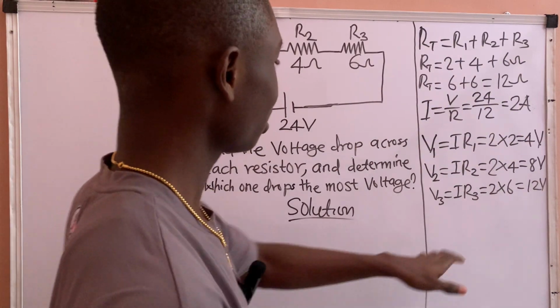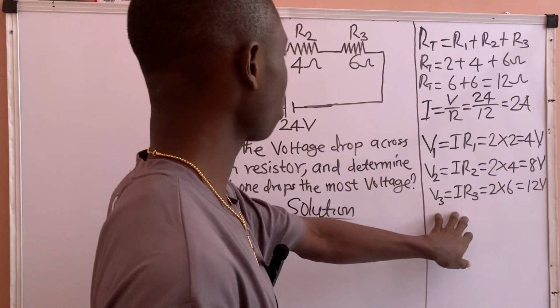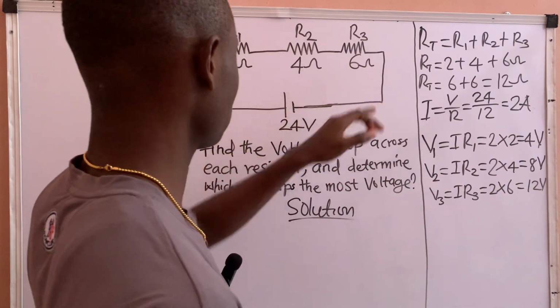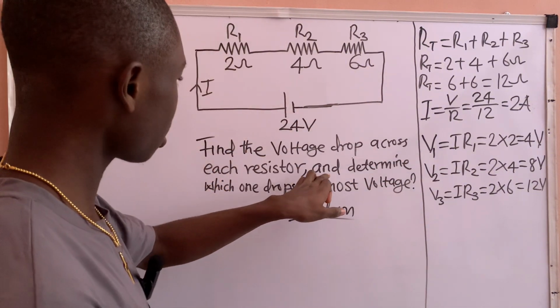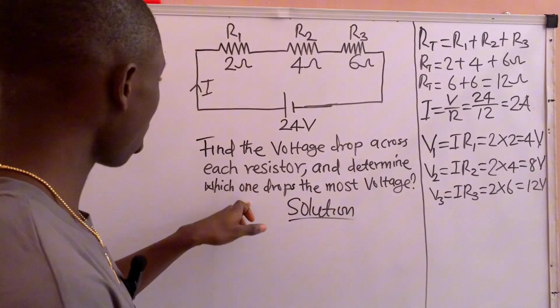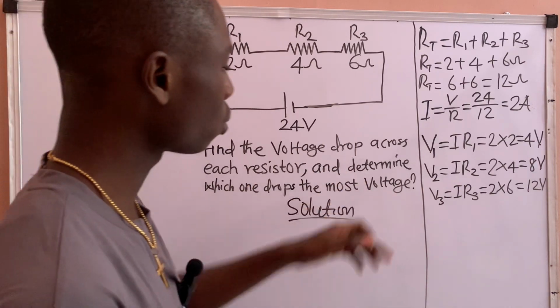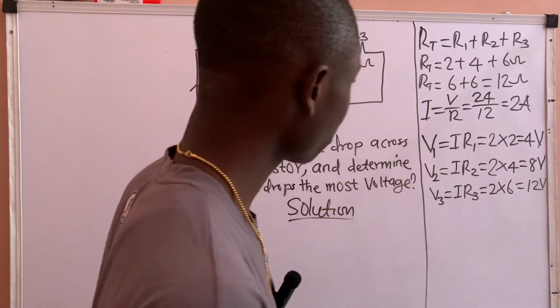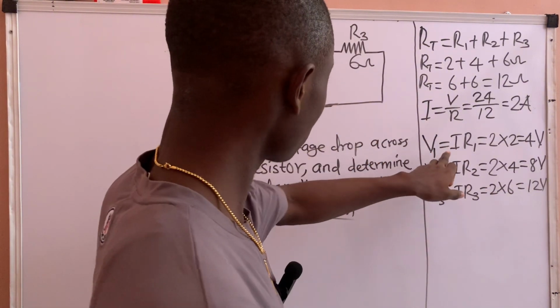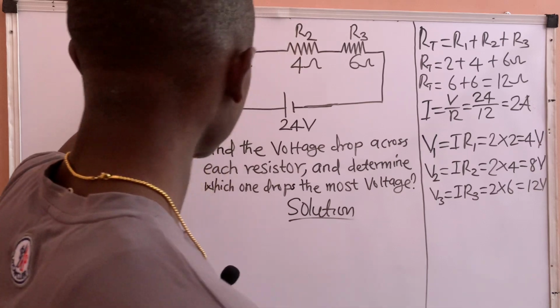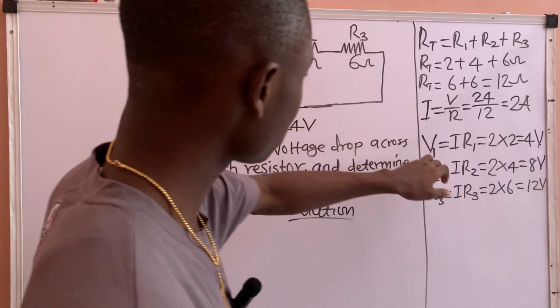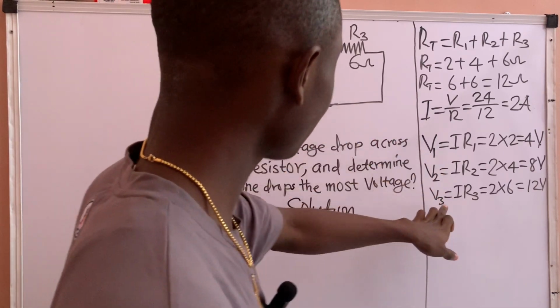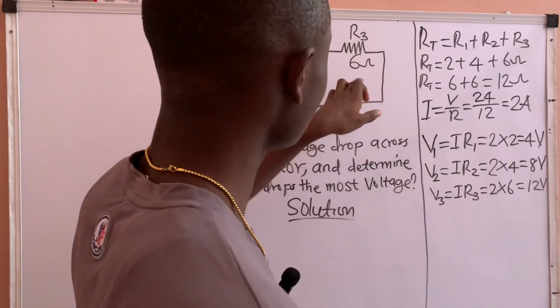So here are the voltage drops across each resistor. We are also asked to determine which one drops the most voltage. From the values of the voltage drops, the voltage across resistor R1 is 4, resistor R2 is 8, and resistor R3 is 12.